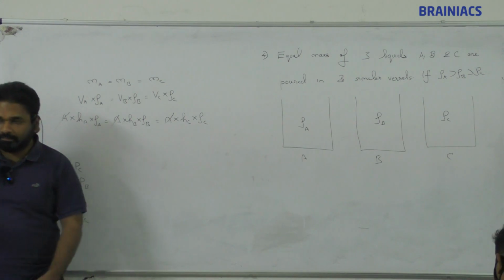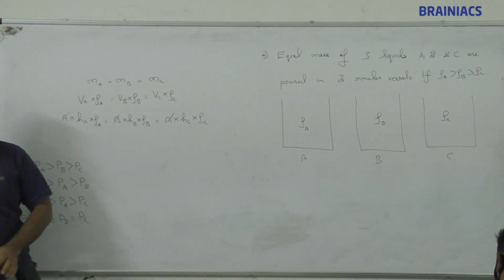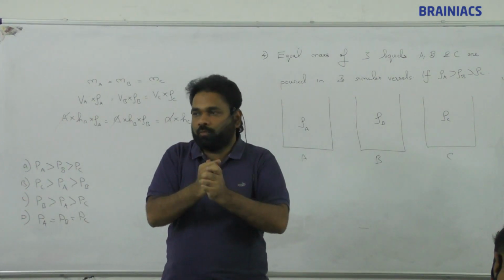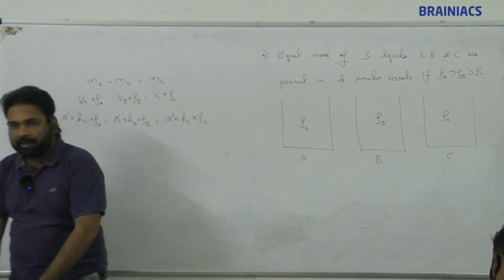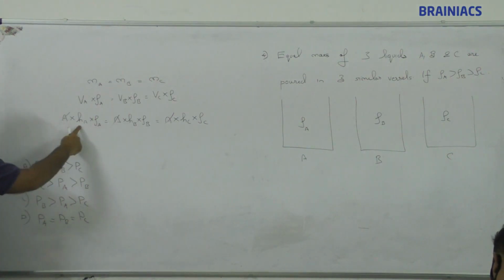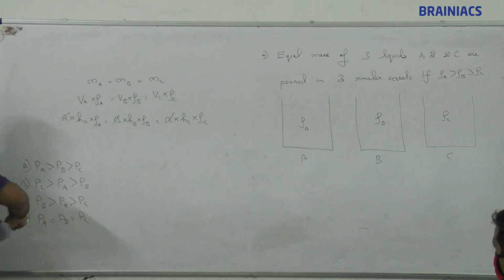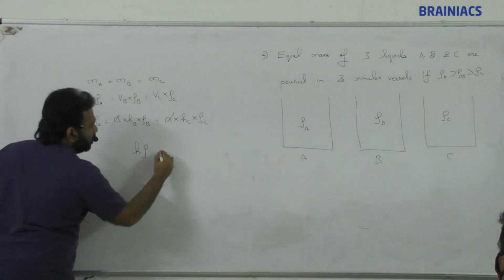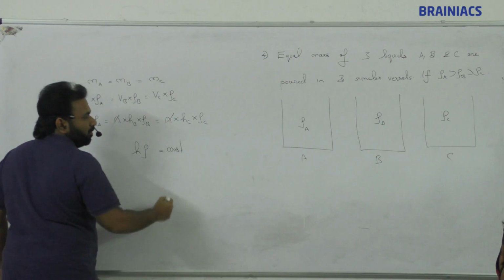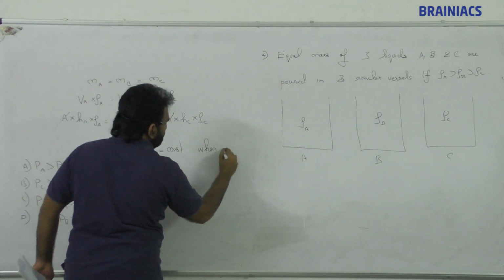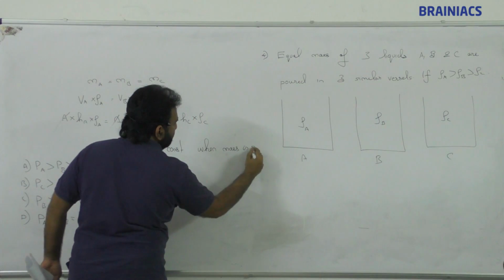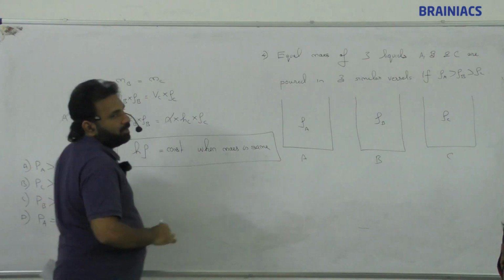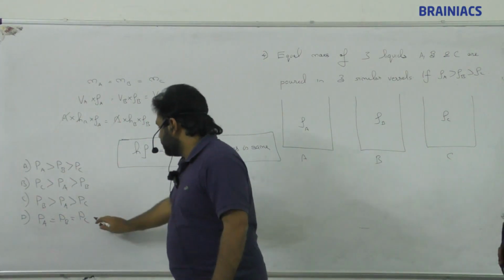If the mass is same, generally the height will be shrunk. So actually for this problem, the product of h rho is equal to constant when mass is same. Okay, h rho is a constant when mass is same. So the answer is D.